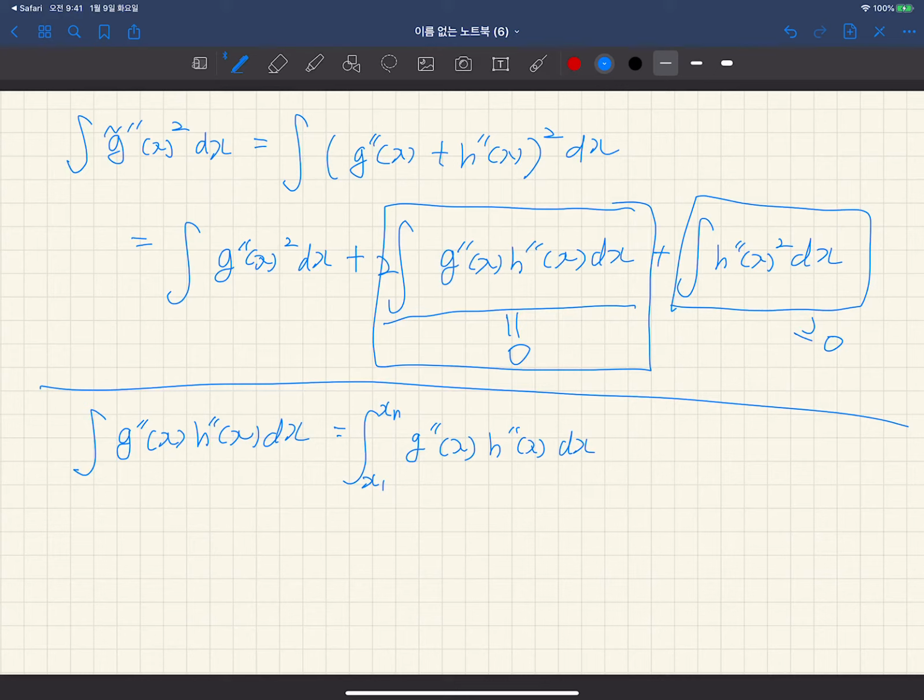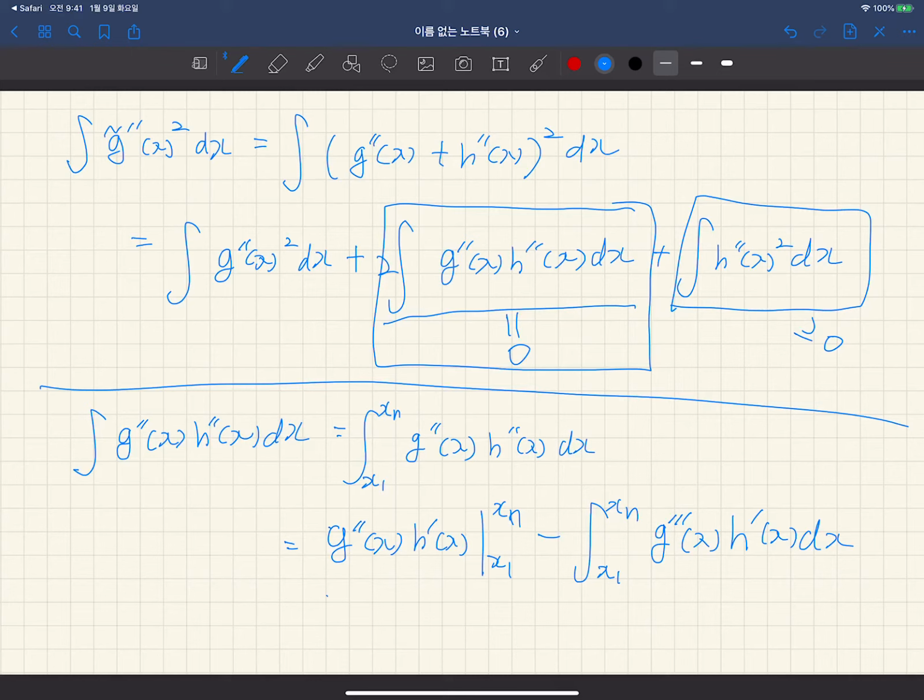Okay, and this is equal to g double prime x h prime x evaluated from x1 to xn. You know this property, right? Minus the integral of g triple prime x h prime x dx.